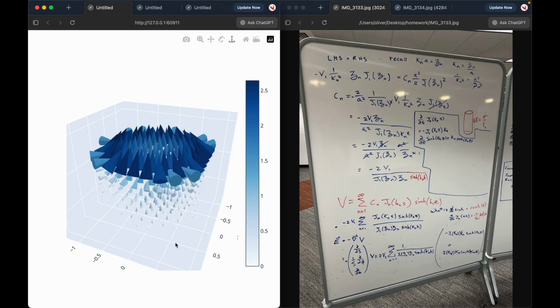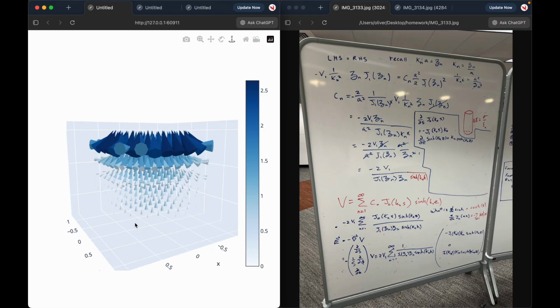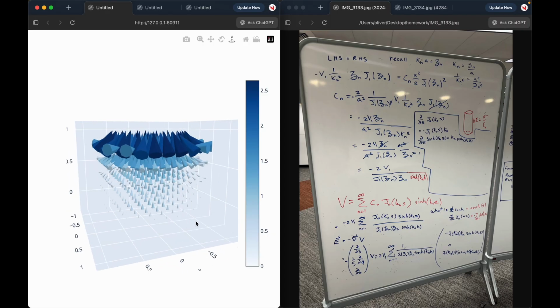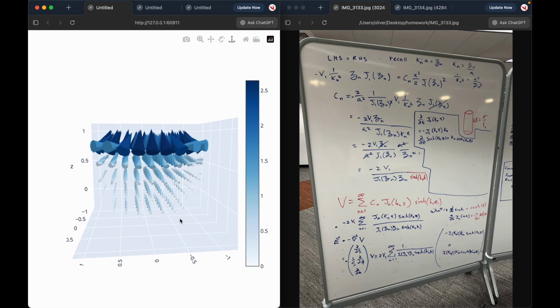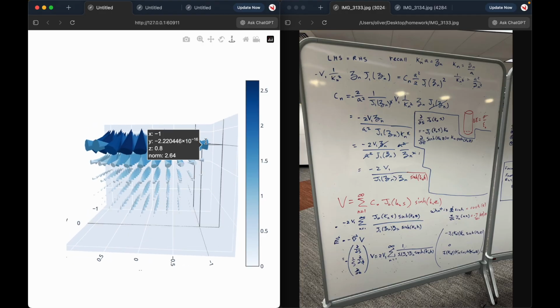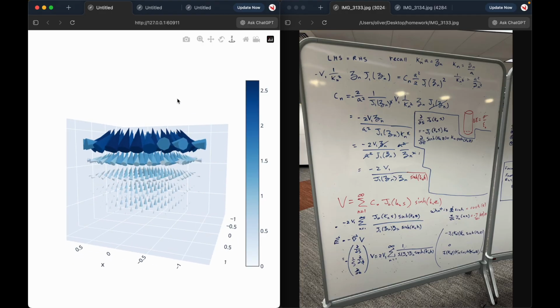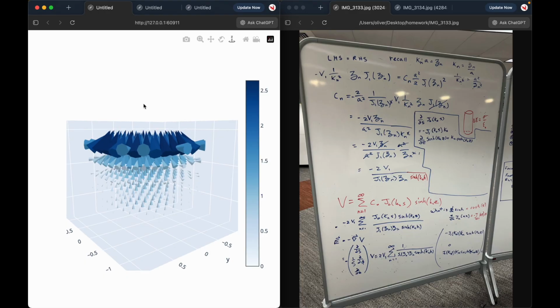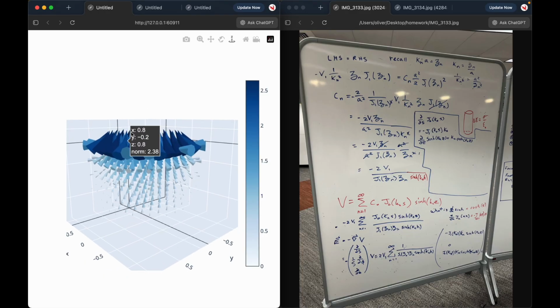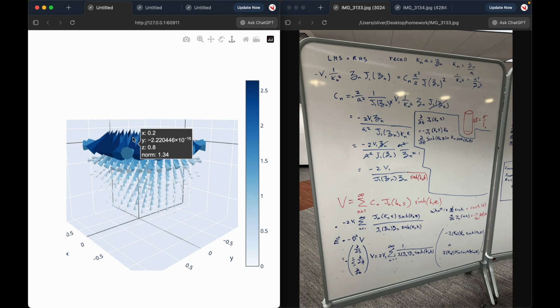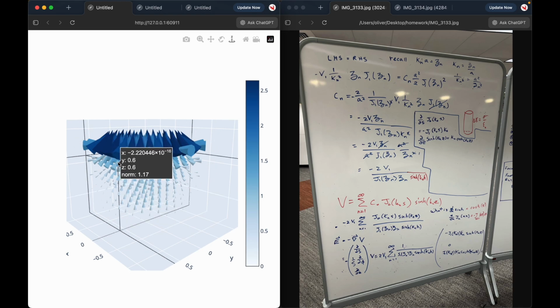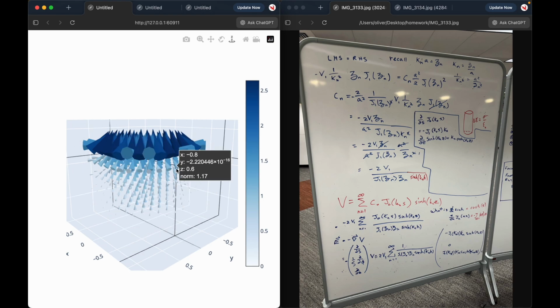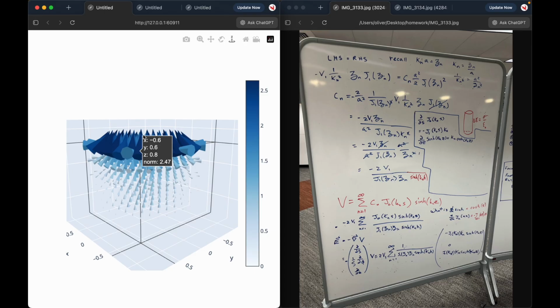This is a 3D plot of the electric field, which we can calculate in Python by taking the negative gradient of our potential. So we would expect at each surface, the top forms an equipotential surface and the bottom and sides form an equipotential surface.